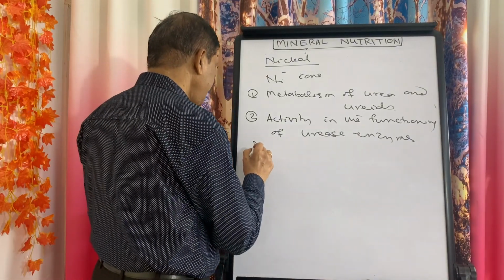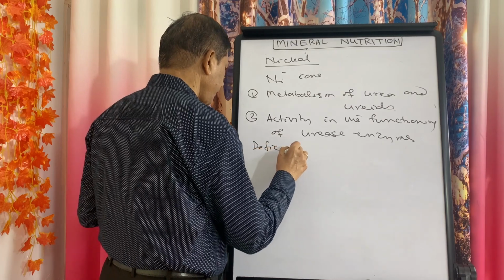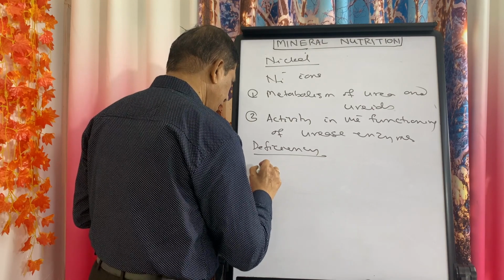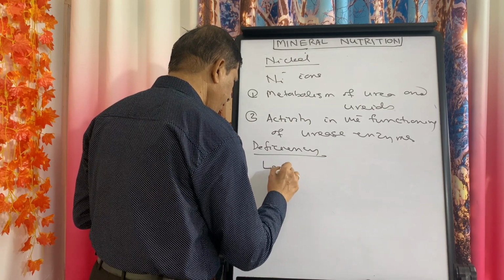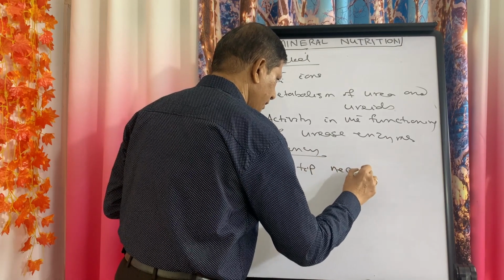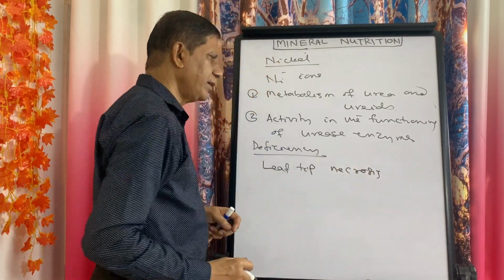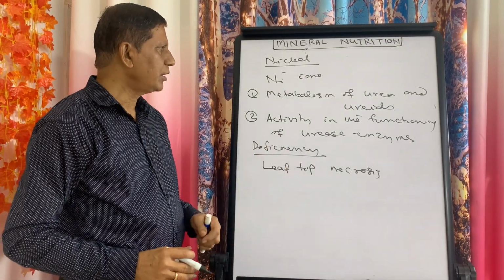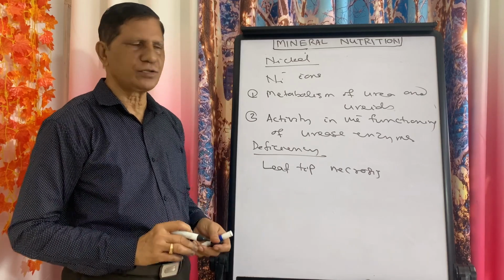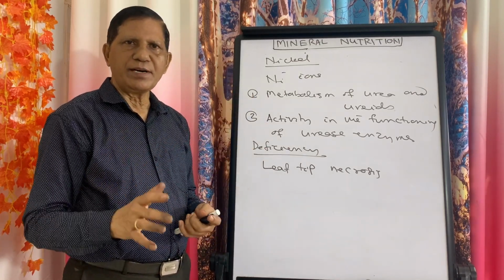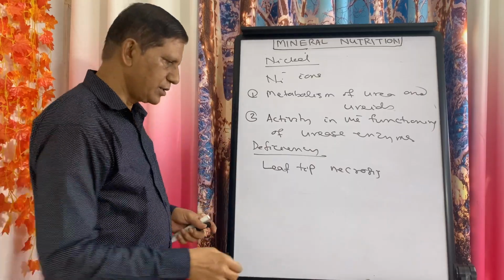And among the deficiency symptoms, usually there will be leaf tip necrosis. That means only at the tip of the leaf there will be some dead cells, necrosis. Otherwise, it has not much function. So with this, all the microelements are complete. Now let us discuss questions.